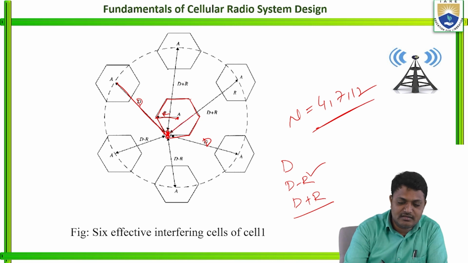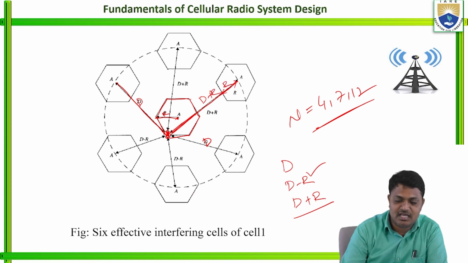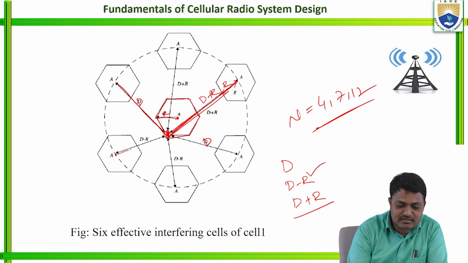From here the radius is added, that's why this is d plus r, because the radius is added. This is r and this is d, that is d plus r. Then here the radius is removed, and this is d minus r. The same as here, the radius of those cells is added, that is d plus r, and here d, and this is also d minus r.